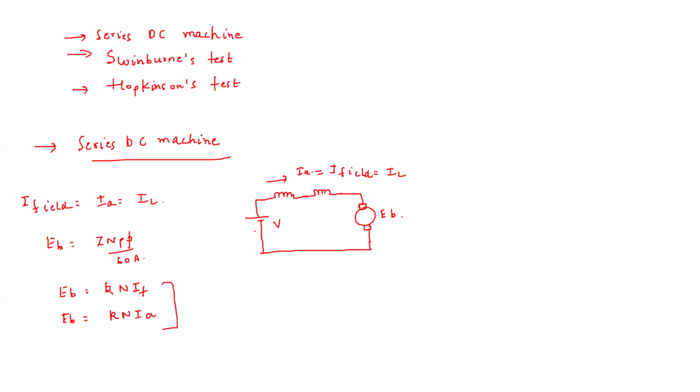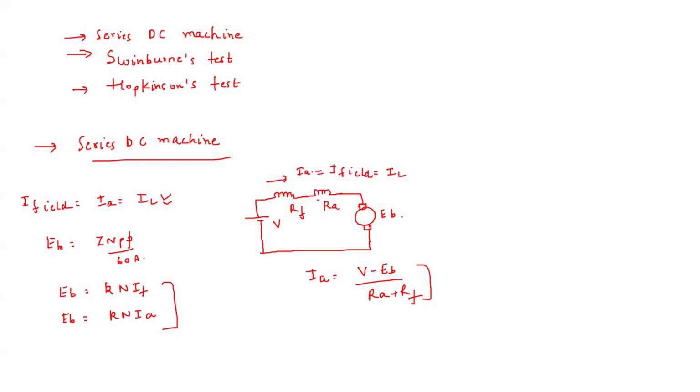Now, let us suppose that the field winding has resistance RF and the armature winding has resistance RA. So IA is equal to V minus EB by RA plus RF. This is the basic KVL equation, because it is in series, so the armature current and field current will be the same.